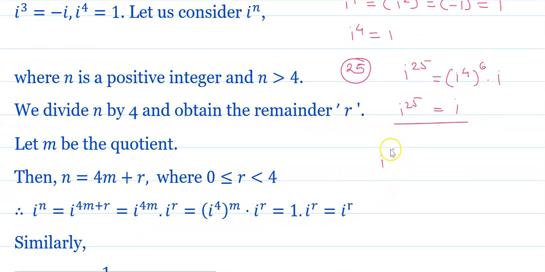Suppose i raised to 99. Again, i raised to 99 can be written as, first of all, I will write here 4. Okay. Now divide this 99 by 4. 4 2s are 8. Again 1 will be the remainder.